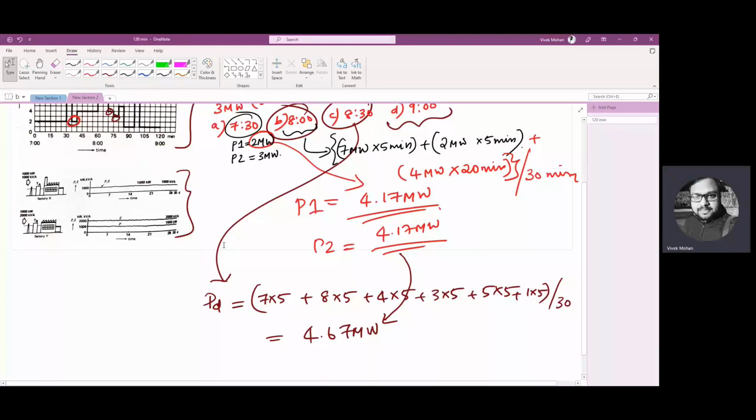However, the power factor of factory X is unity, but the power factor of Y is 50%.